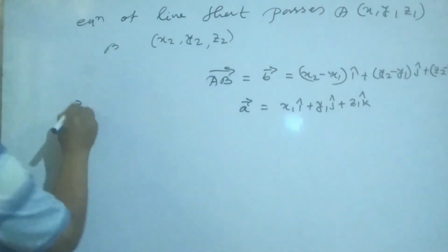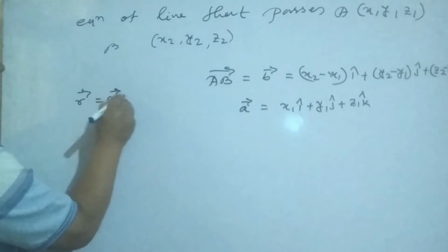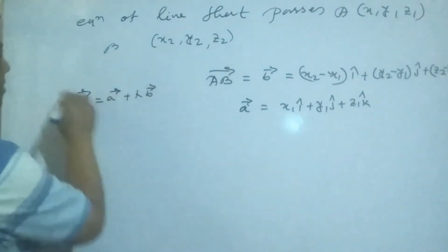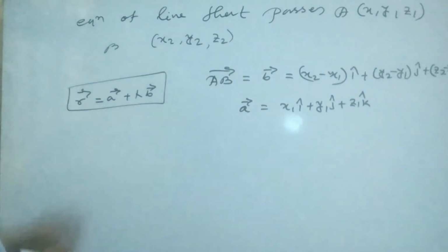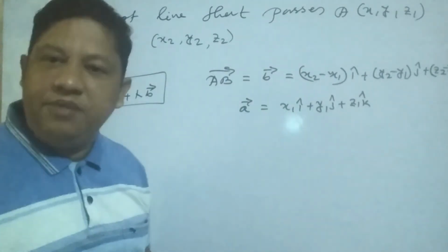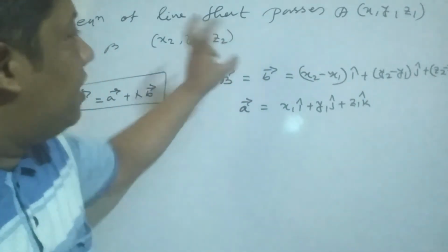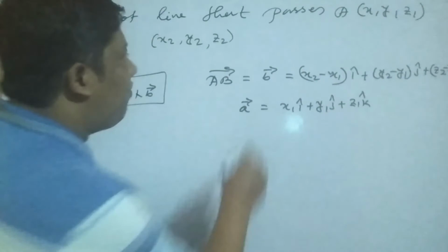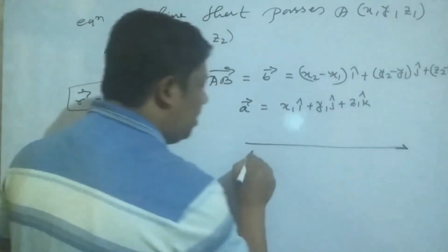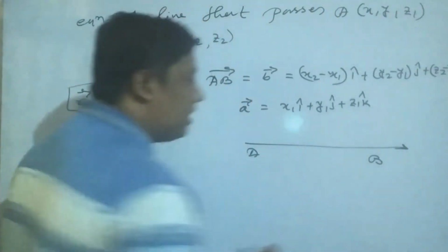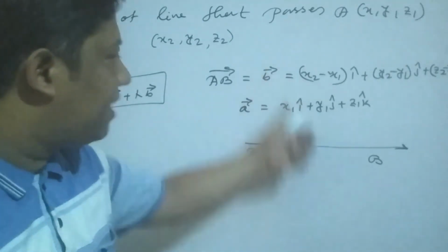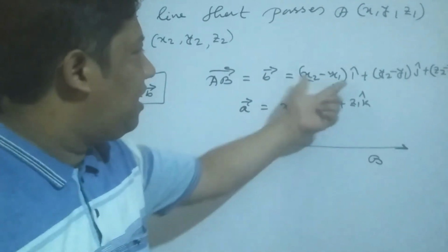So you can use r equal to a plus lambda b vector. So my students, I think you understand r equal to a plus lambda b, because if given the 2 points, then when you find the vector that passes through the 2 points, this gives the direction, that means the parallel vector.